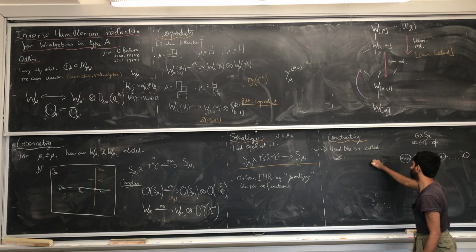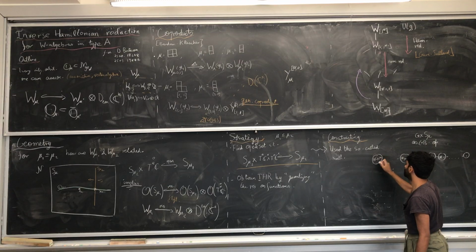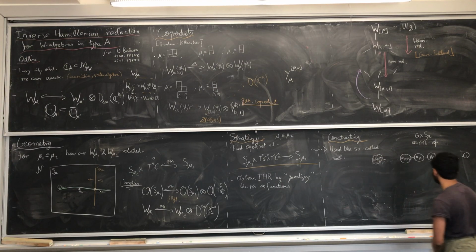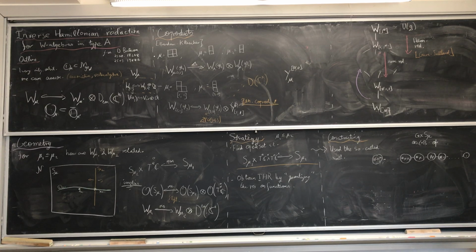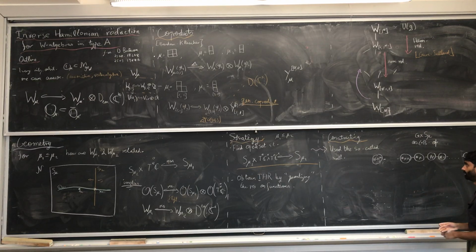These all come from having some Dirichlet boundary conditions on one end and some kind of non-equal condition. But importantly, all of these are only generalized slices in the Hamiltonian sense because they have no framing.